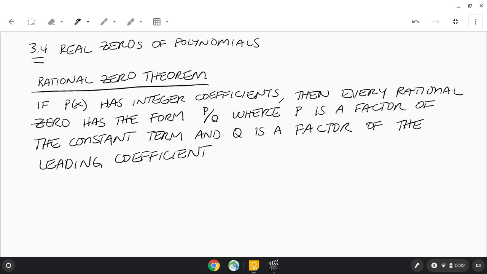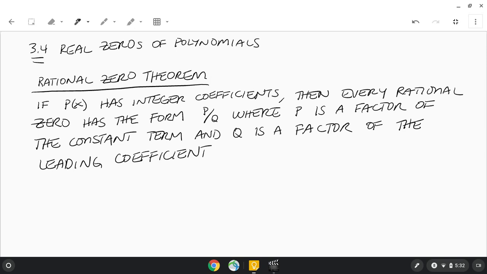Now the question is, where do we start? Do we just pick random numbers? Those are a lot of numbers to choose from, and to decide, okay, let me just start with 17. So we're not going to be just picking these numbers randomly to test using synthetic division.